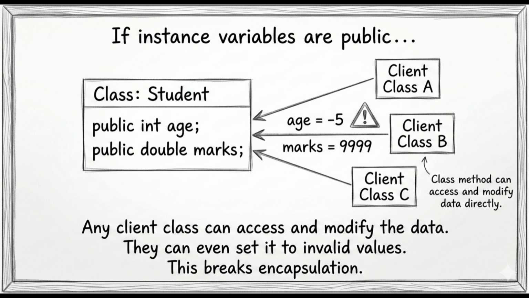Because if the instance variable were public, any client of the class, that is any other class that calls the class's methods, could see the data and do whatever it wanted with it, including setting it to an invalid value. So that's why we create the instance variable as private.